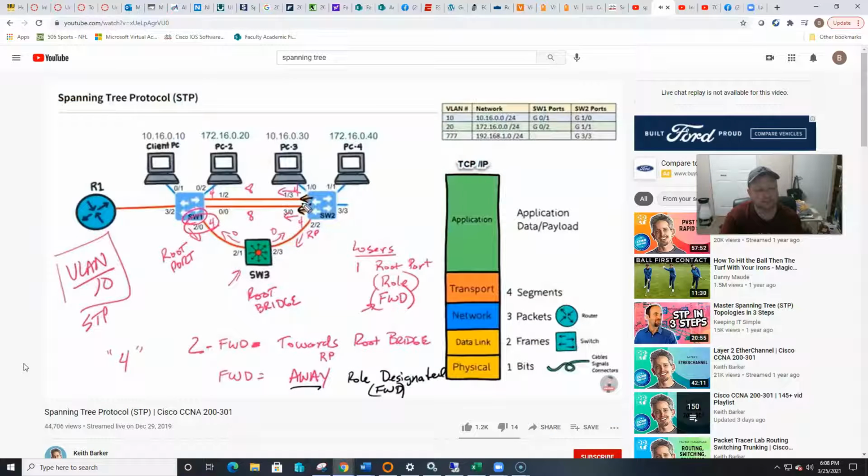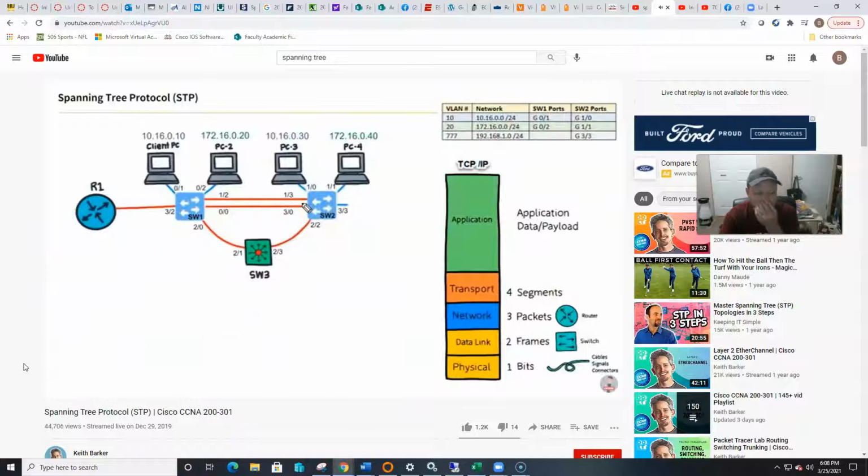And let me clean up the screen just a little bit. There we go. All right, so let's take it from the top. Let's say Bob is right here. And Bob is going to ping this device. He sends an ARP request as part of that ping, and we don't want to have a layer 2 loop forever and ever here. So spanning tree beforehand figured out the topology.